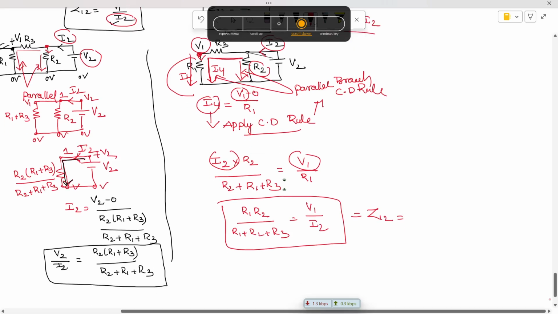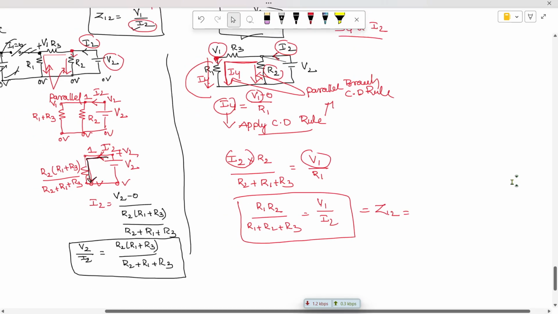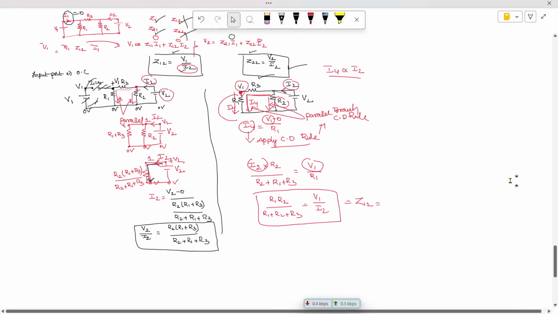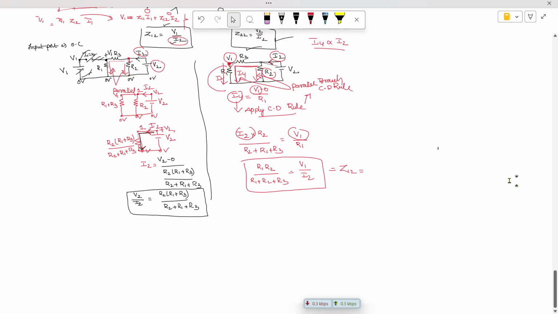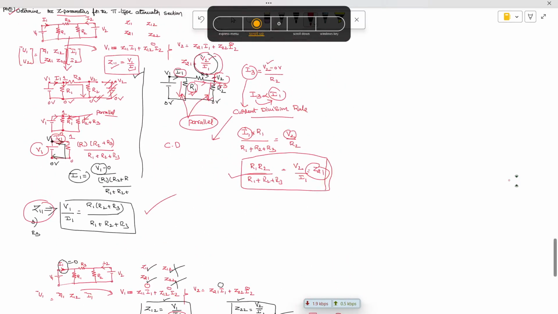Okay. So that's how we are successful in finding out all the parameters of the network. So you can see all the parameters clearly here. So we find out Z12, Z22, and we have found out Z21 and Z12.